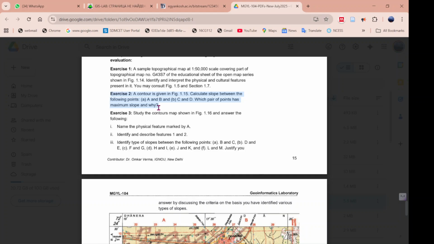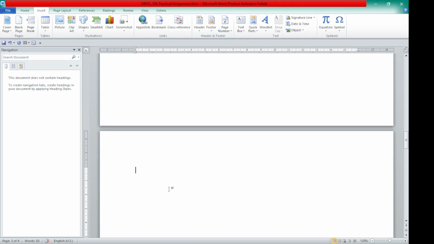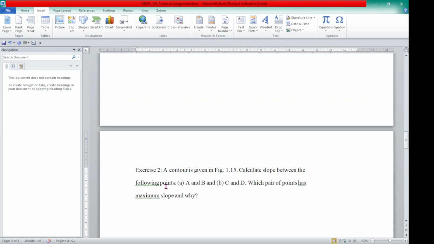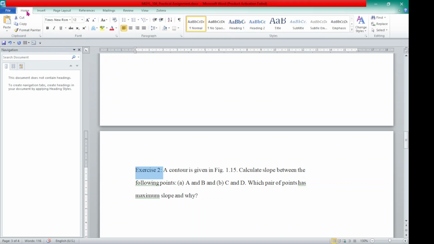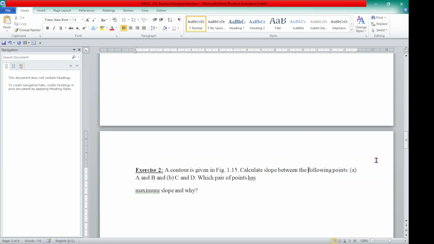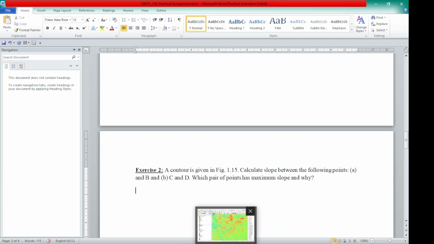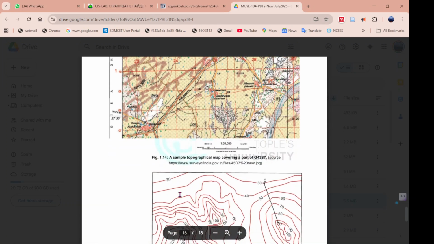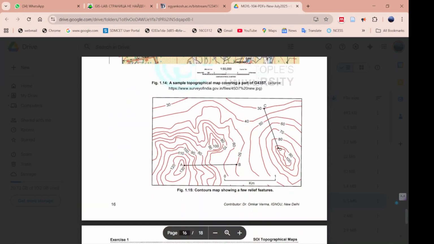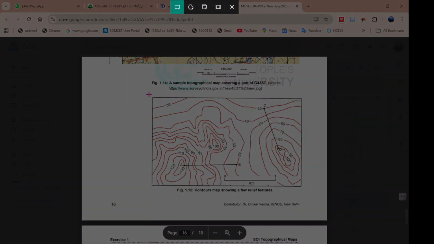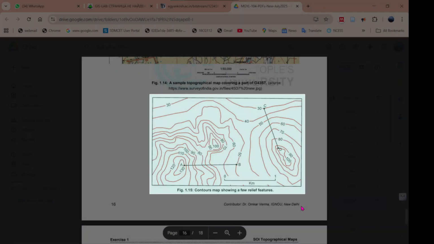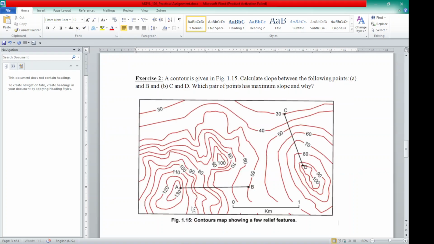So let us copy this and bring it to our file. Figure 1.15, yet again go back to this same. This is 1.15. Let me copy this and paste it over here.